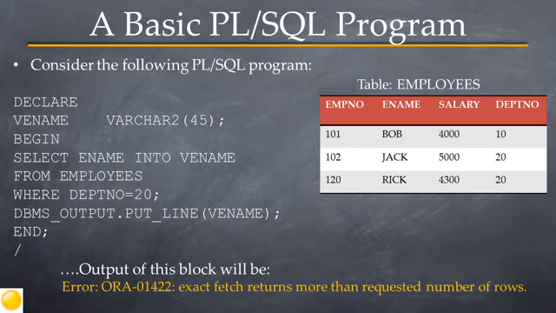Now in this program, the select statement should retrieve two rows based on the condition department number equal to 20. But when this program is executed, it returns the error: exact fetch returns more than requested number of rows. This is because the query returns more than one row, and you will have to rewrite this program using an explicit cursor.